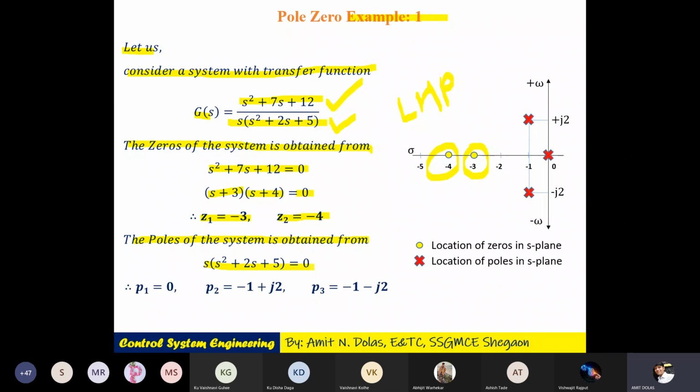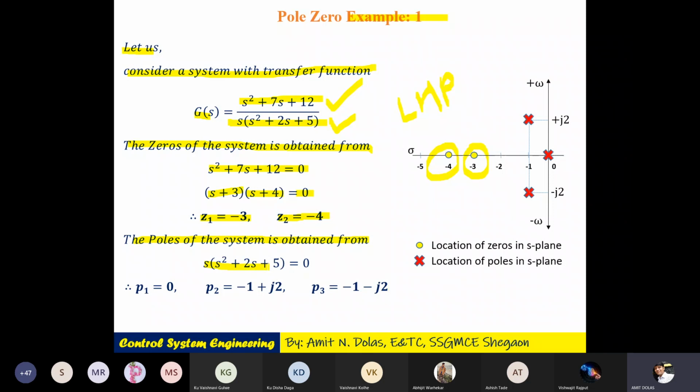We cannot directly compute the poles of this, of course, it is a complex pole, so we'll use the formula which we already used in previous lectures. So p2 is obtained as minus 1 plus j2 and p3 is obtained as minus 1 minus j2. So it is a complex pole, minus 1 plus or minus j2.